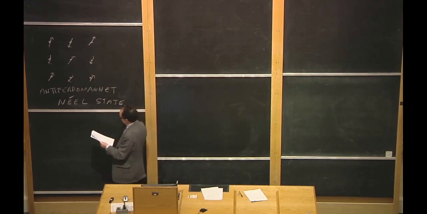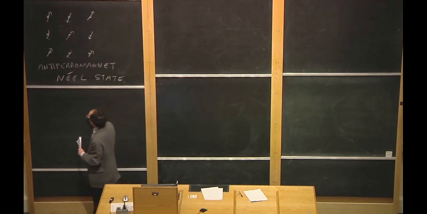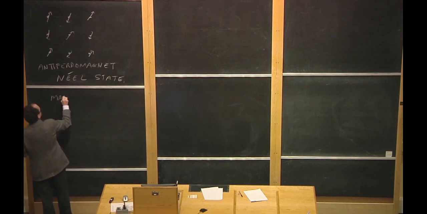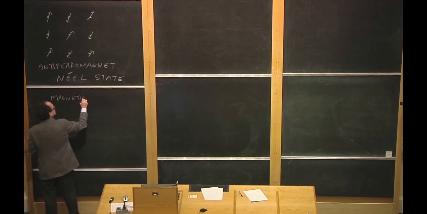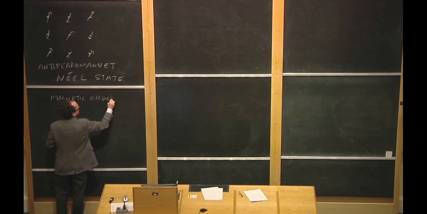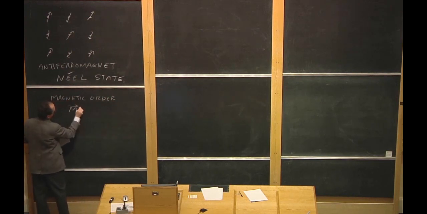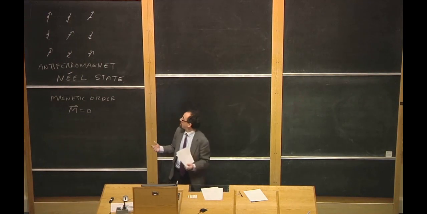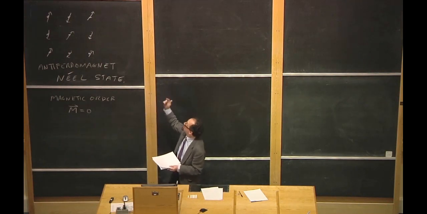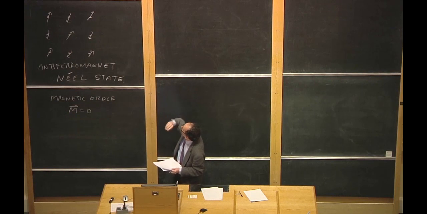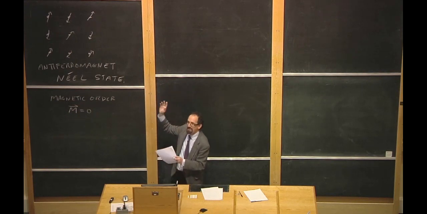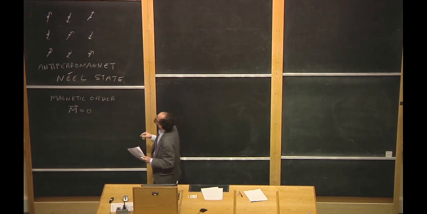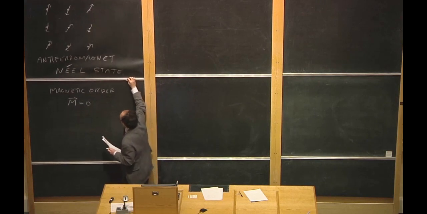What's interesting about these is that they have magnetic order, but they have no net magnetization, M equals 0. Why do they have no net magnetization? Well, because you have the same number of up-pointing spins as you have down-pointing spins. At least if I drew them more aligned, it would look like there was an equal number. My drawing isn't so good.